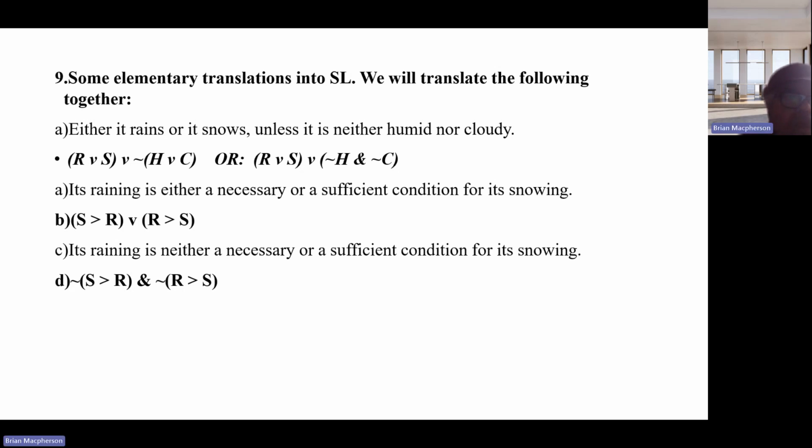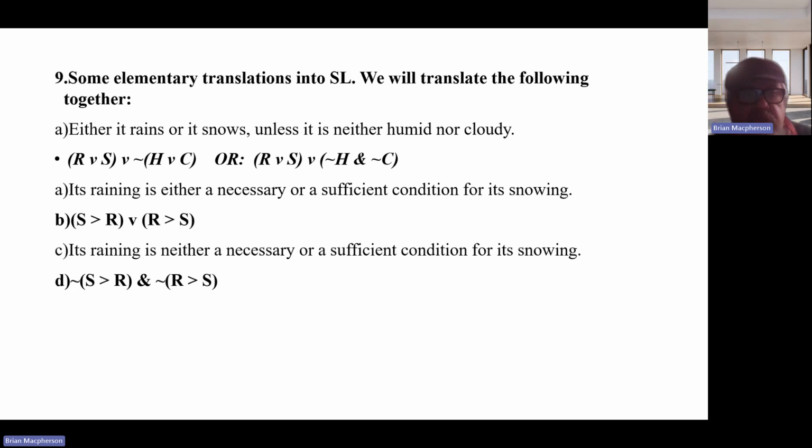Further, it rains or it snows is just R wedge S. Neither humid nor cloudy would be tilde H or C, or if you want, not H and not C. Sorry about the lettering being a little mixed up there, my apologies.